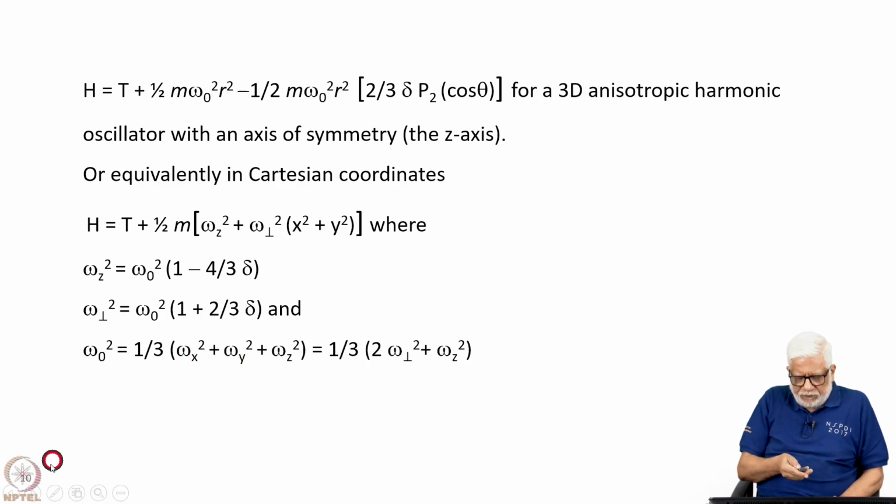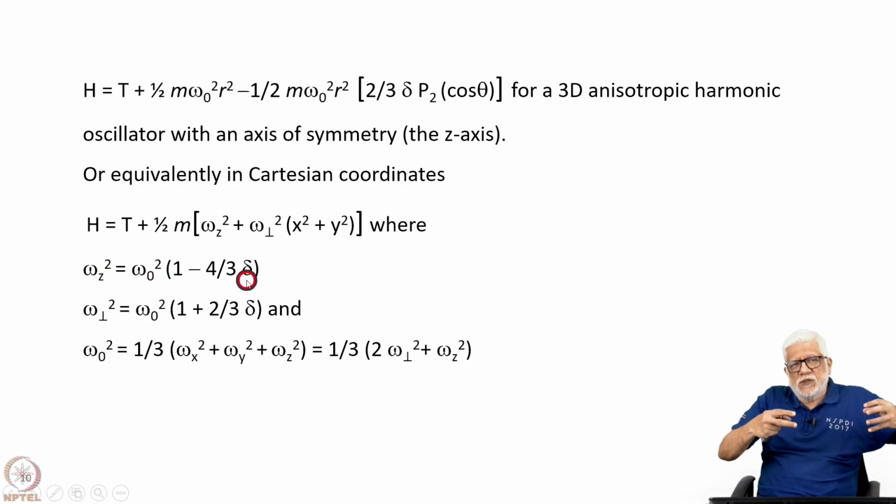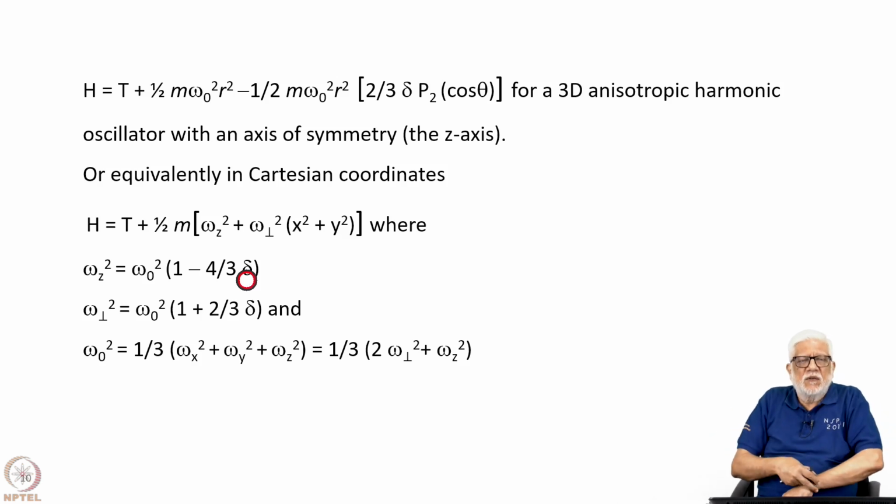Of course, you can notice that this term omega z squared is like omega 0 squared times 1 minus 4/3 delta. Since the nucleus is extended in the z direction, the corresponding oscillator frequency is smaller and it's larger in the case of the x and y directions.